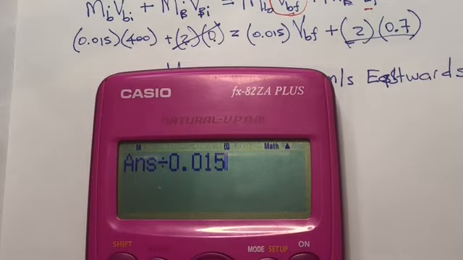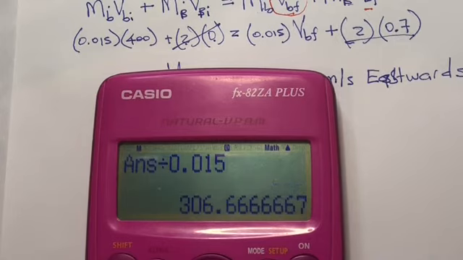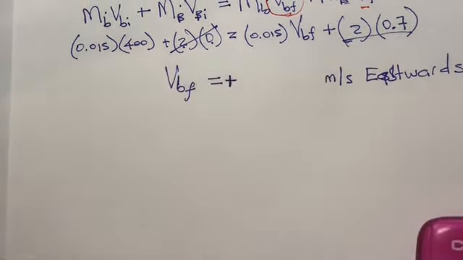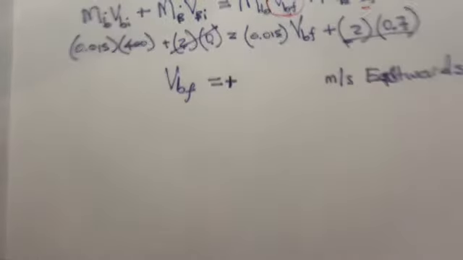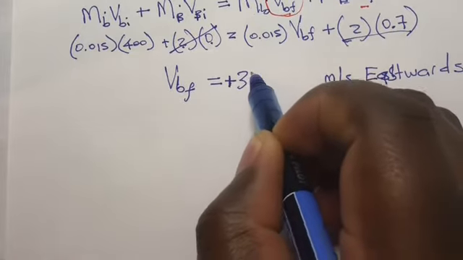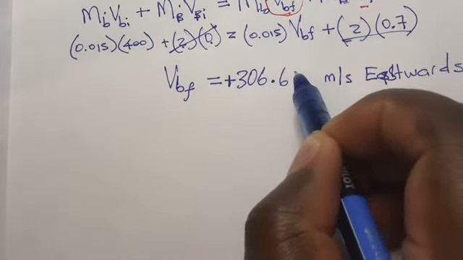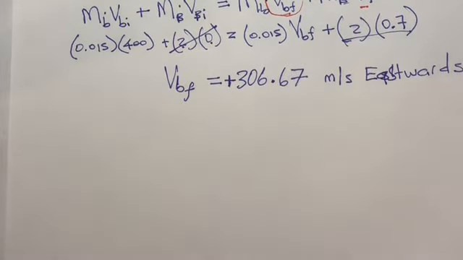So there are high chances that it could be 300 and something. So let's see, it's equal to, there, can you see? So we've got an answer which is positive, and again it's less than the initial velocity of the bullet.